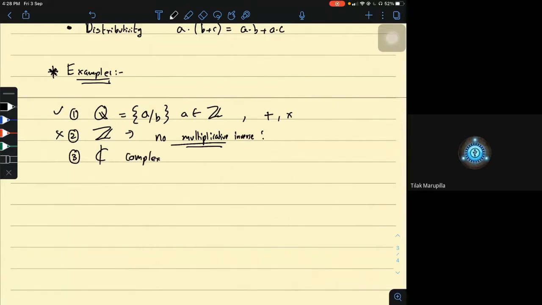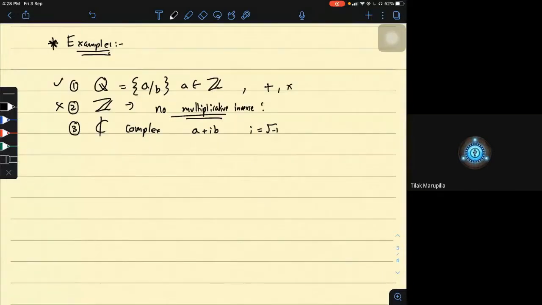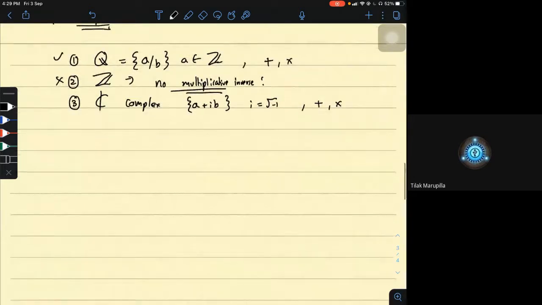The complex field consists of all complex numbers, which can be written as a plus ib, where i is defined as the root of -1. So this forms a field under normal addition and multiplication. You can try verifying this later.